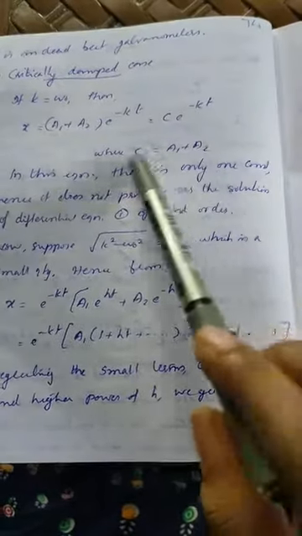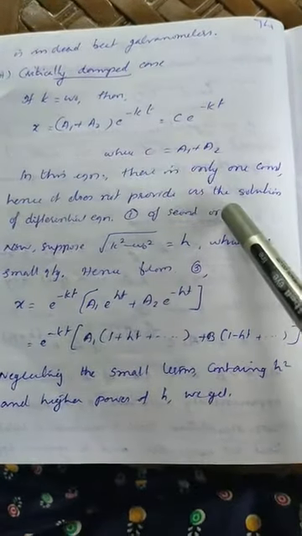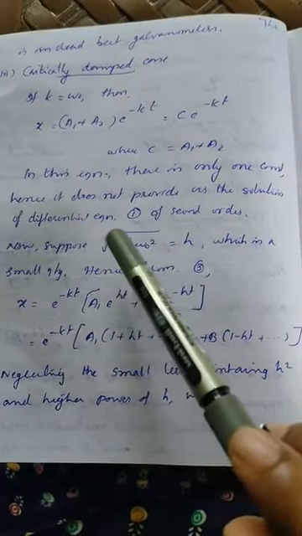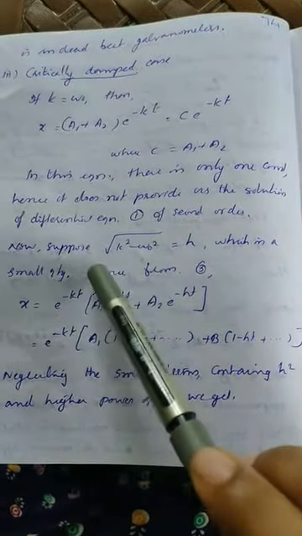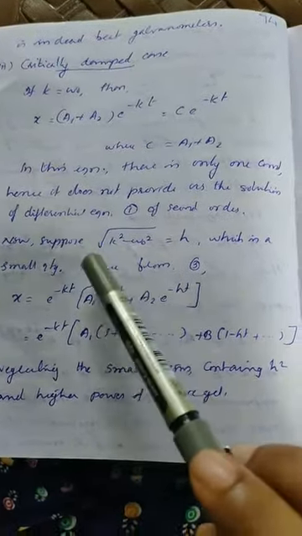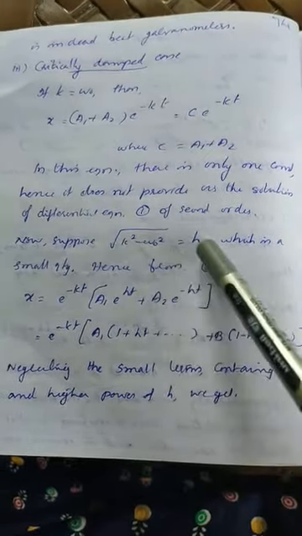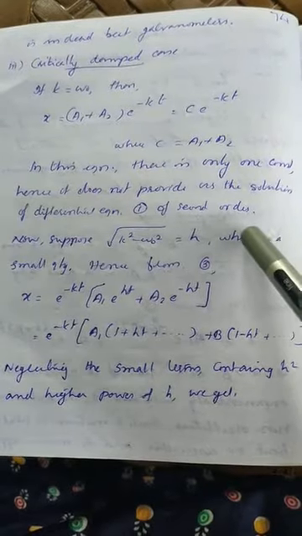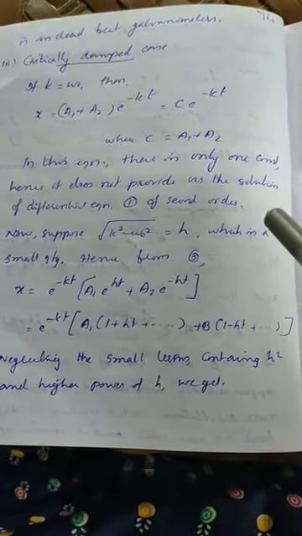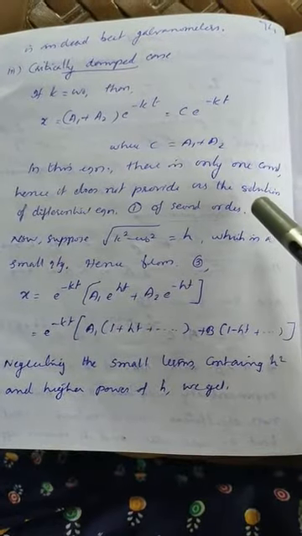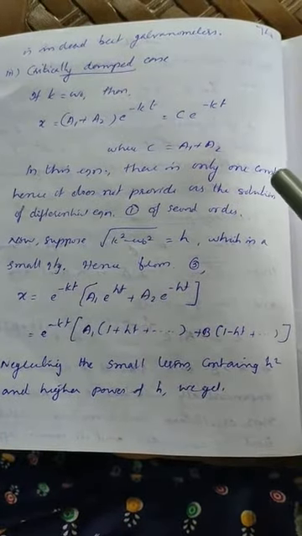If we substitute like this, we will get only one solution, which does not satisfy our original differential equation. So what we are doing now is supposing the square root of k square minus omega 0 square as h instead of 0. When k is equal to omega 0, it will be 0, but we are not taking it like this.